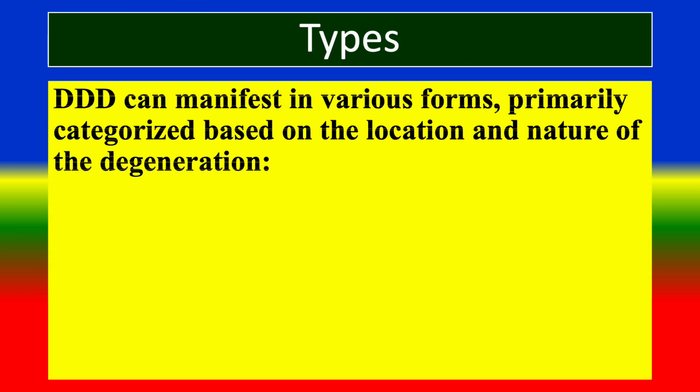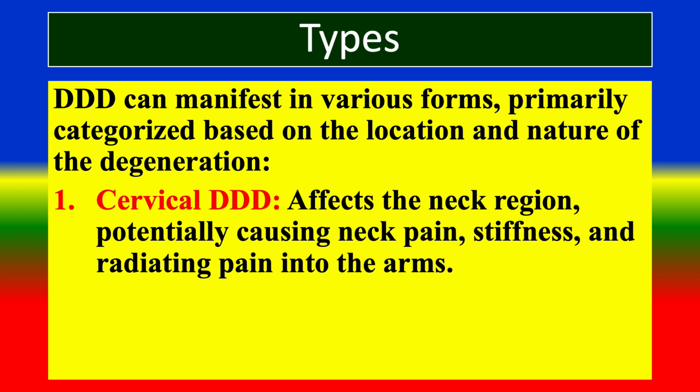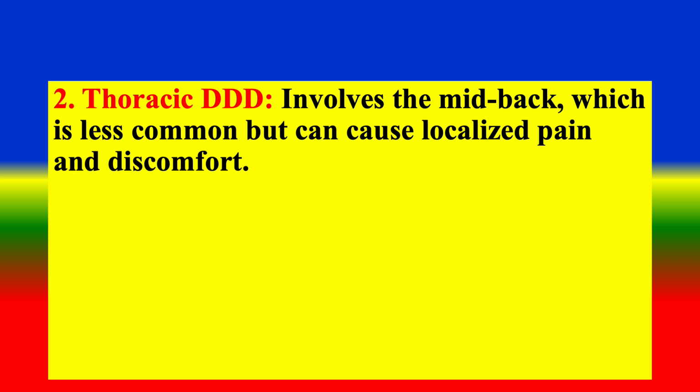Types: DDD can manifest in various forms, primarily categorized based on location and nature of degeneration. 1. Cervical DDD affects the neck region, particularly causing neck pain, stiffness, and radiating pain into the arms. 2.